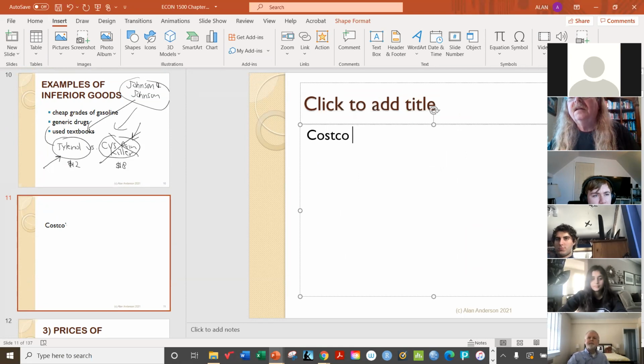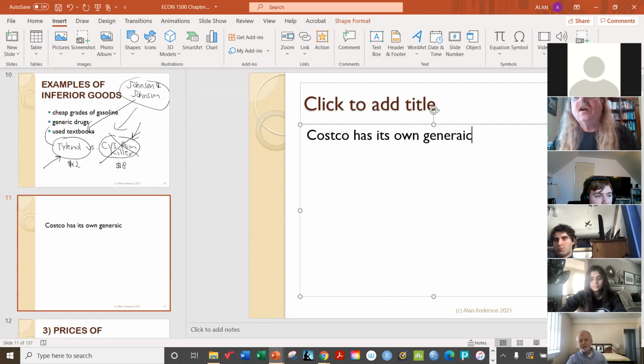Right. In other words, you go in there and they have lots of great products, but guess what? You have to buy big quantities. You can't just buy a single can of tuna fish. You probably have to buy 10 of them. But in exchange for that, you get to save a lot of money. Costco has its own generic brand, which is called Kirkland.